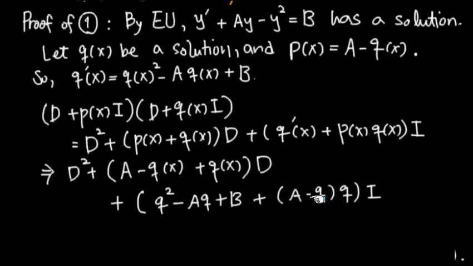Then you can see that q squared and negative q squared cancel, and positive a q cancels with negative a q, leaving only the b part. So that proves the product of two first-order operators becomes exactly the arbitrary one that we started with. That's the end of the proof of part 1.